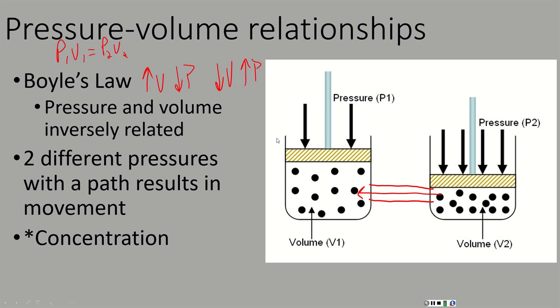So if we had this setup like I've got drawn here, some of these air molecules would diffuse from the right side to the left side, from high pressure to low pressure. But how long would that diffusion last? Just like we saw with concentration, we will have diffusion until equilibrium occurs.